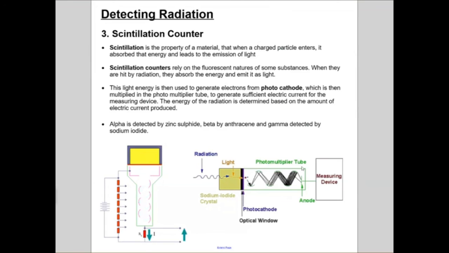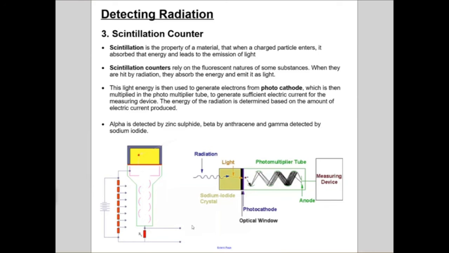That voltage, or that electricity, or the current is measured by this measuring device, and based upon the value of the current being produced, you could identify how intense your radiation is, right? You could see in this animation that these electrons get multiplied as and when they collide with the curved anodes over here. And finally, you would get some voltage.